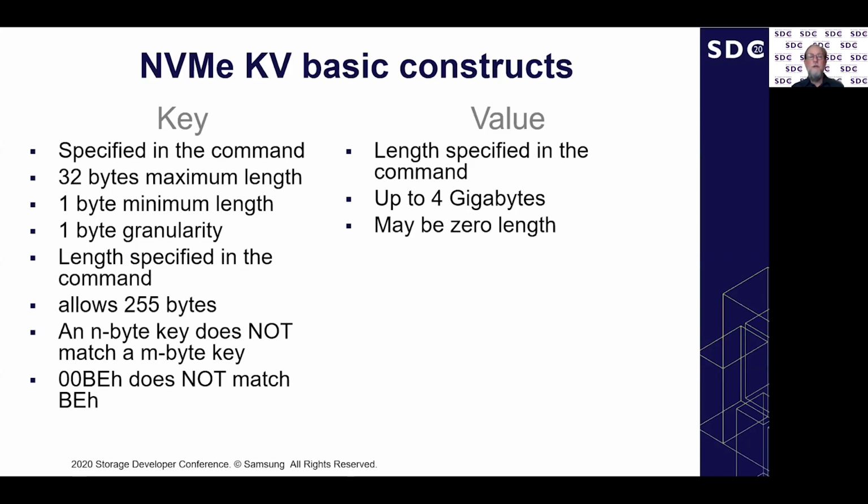The reason for that is we have a 64-byte command, and in order to do anything more than 32 bytes, we either have to extend the command structure or go outside of the command to pass the key. We are looking at both of those as enhancements for the future, but the current specification does limit you to a 32-byte maximum length for the key.